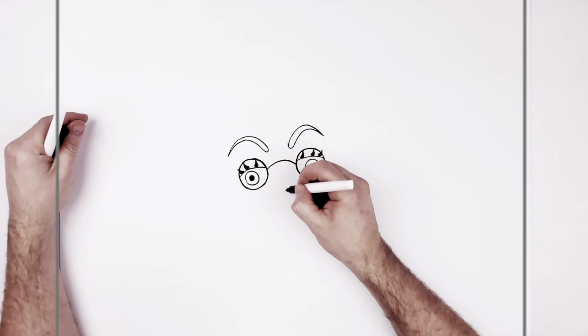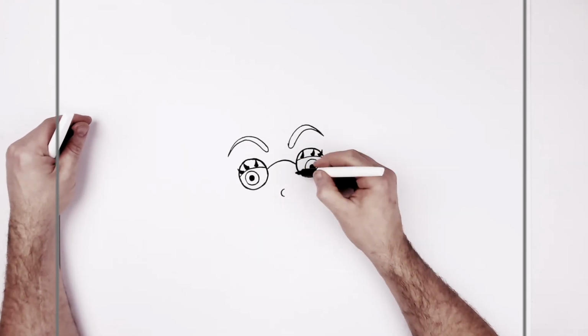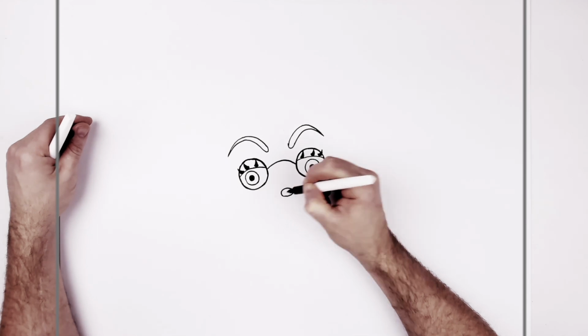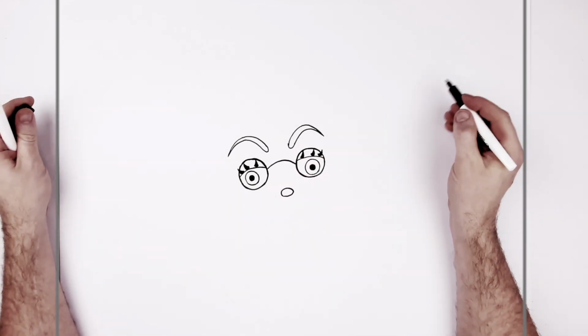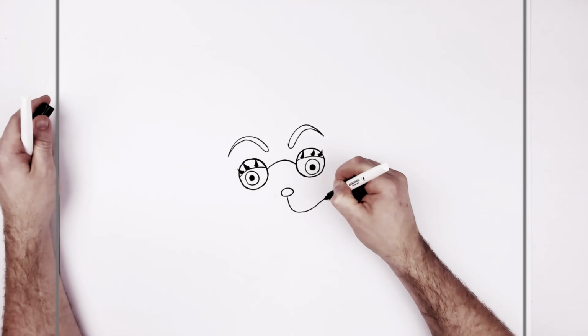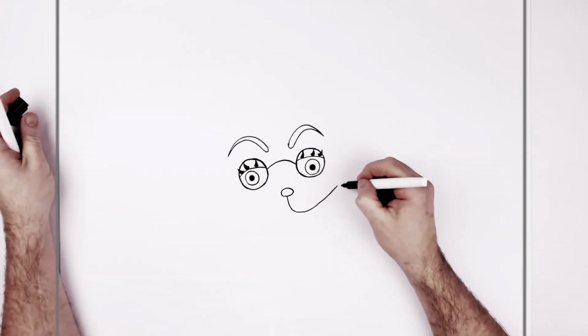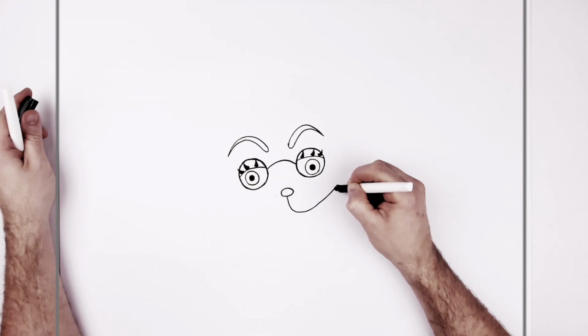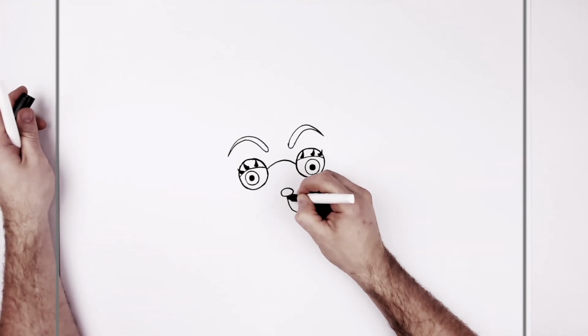So, little button nose here. Just kind of like an oval shape, it looks like. No nostrils really to speak of. And then the mouth line just curves around here. Come down this way then. Same on this side.